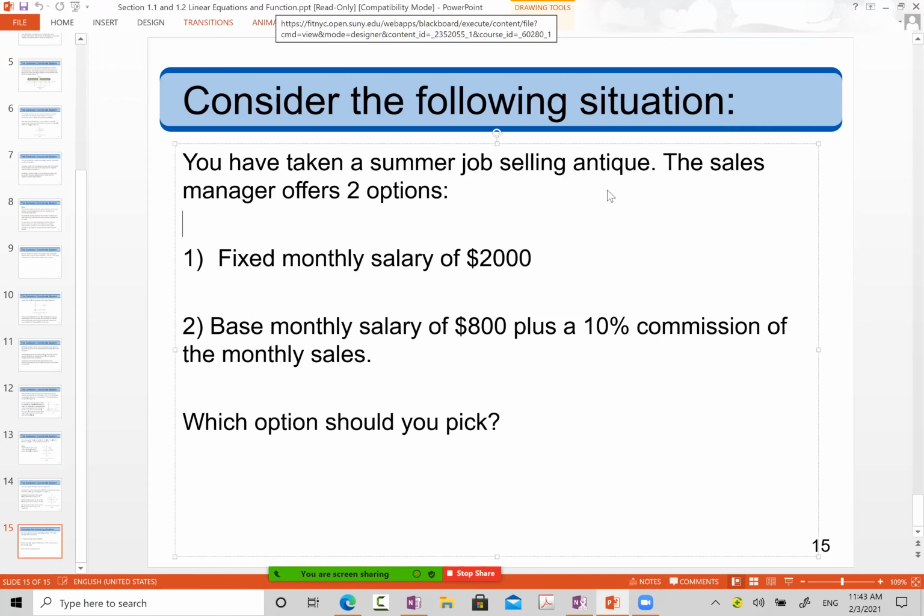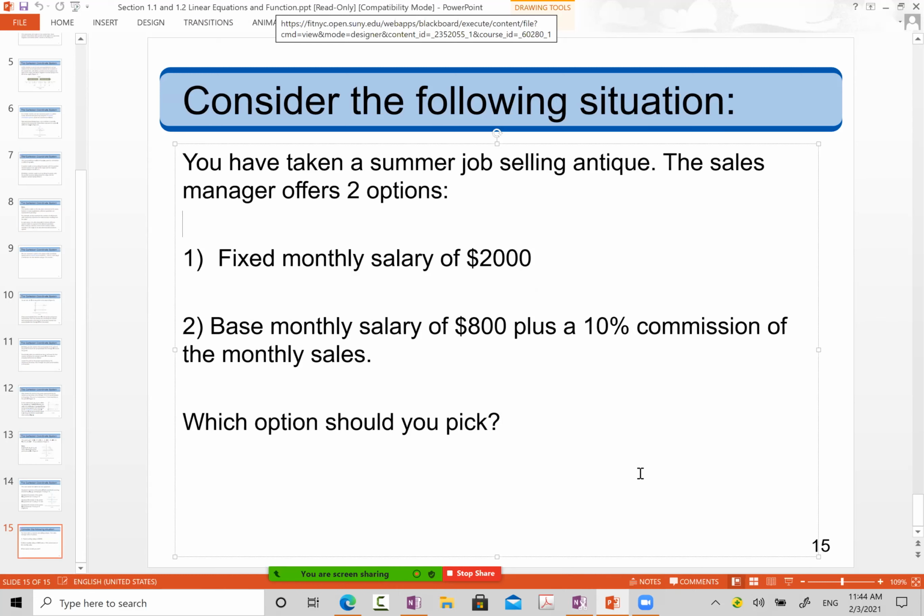And also, we talk about antiques, right? So some of the antiques could be pretty expensive. Let's say you are a good salesperson, very good at selling stuff. The more you sell, the more commission you get, right? But on the other hand, if you are new to sales jobs and not good at selling stuff, then maybe the fixed monthly salary of $2,000 is better, because of lack of experience or your personality.